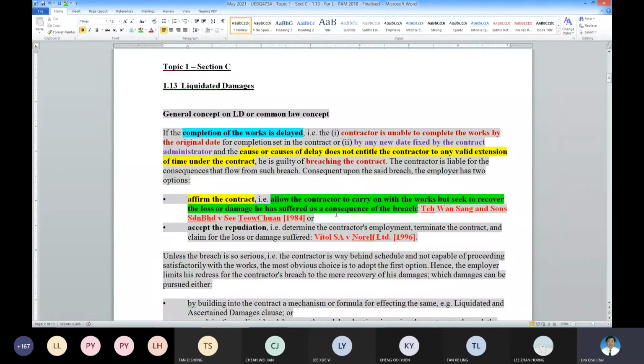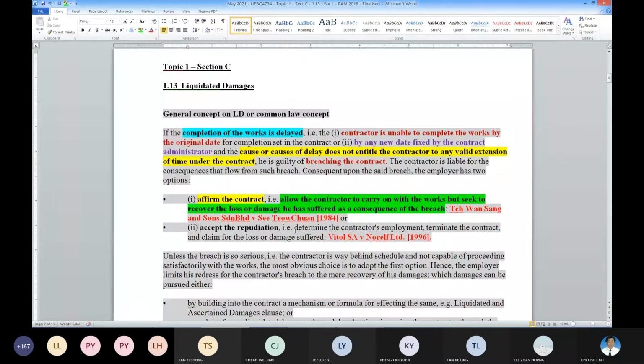Okay, type 1. Or the employer, because it is a breach, accepts the repudiation and then determines the contractor's contract and claims for the loss or damage.